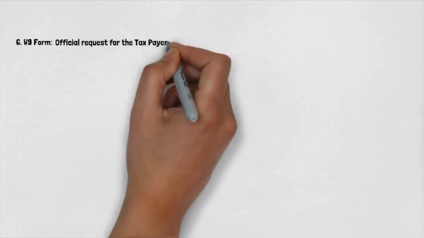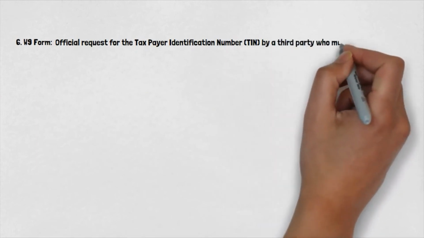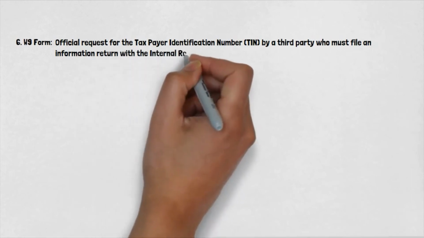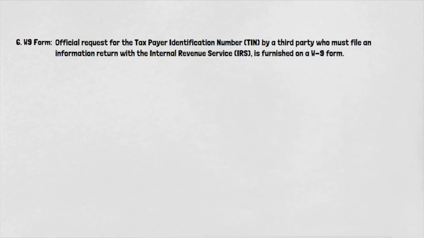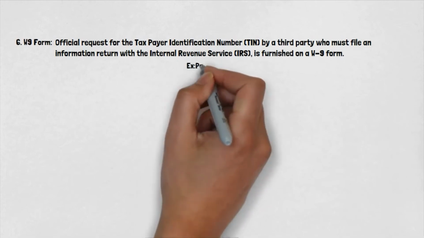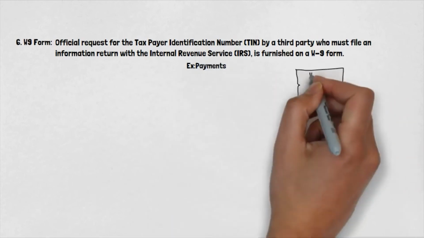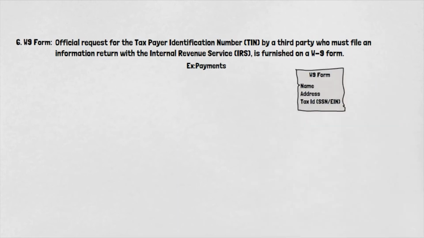The next one is the W-9 form. An official request for the taxpayer identification number, TIN, by a third party who must file an information return with the Internal Revenue Services Department is provided on a W-9 form. In our process, the insurance company is considered the third party, and the information they file with the IRS is the payments they made to the provider.